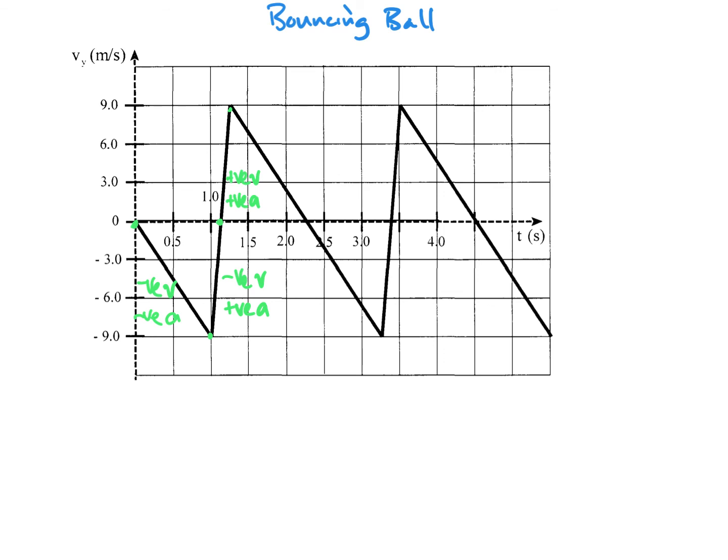So we've now managed to get that positive +9 velocity. So we've still got a positive velocity at this point, but the gradient is sloping down, so we've got a negative acceleration. So this is it now slowing down on the way up.